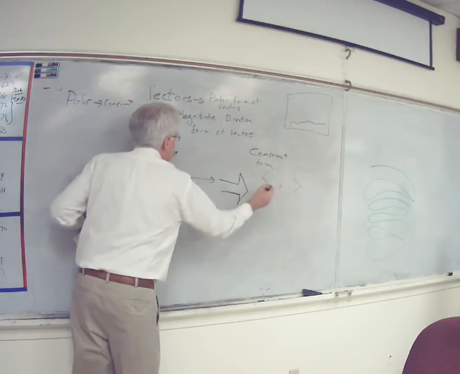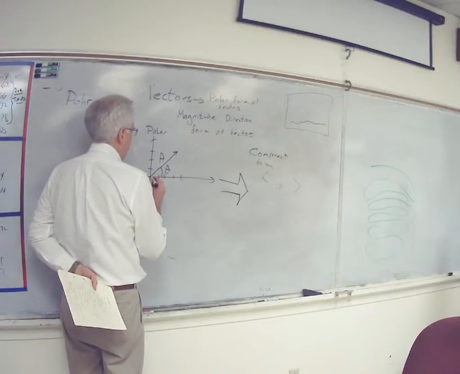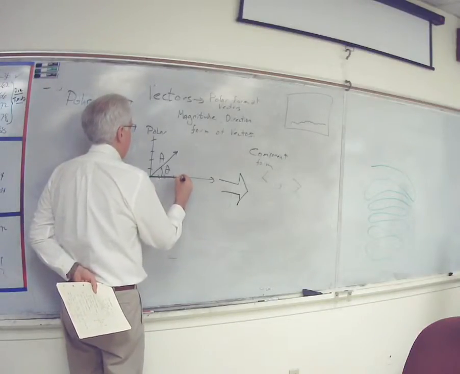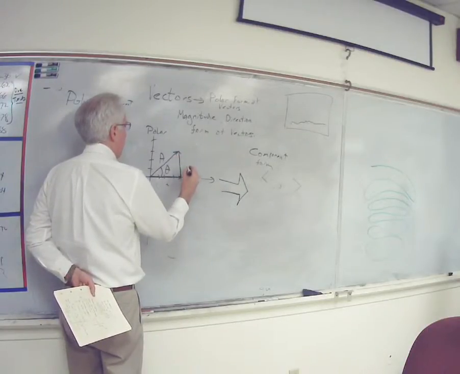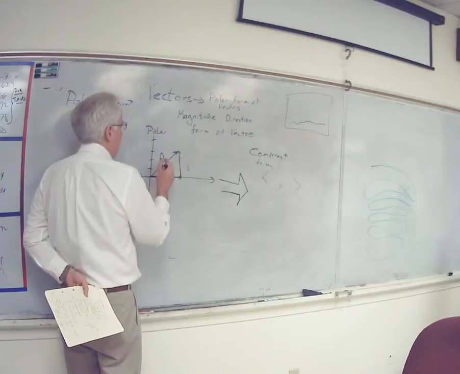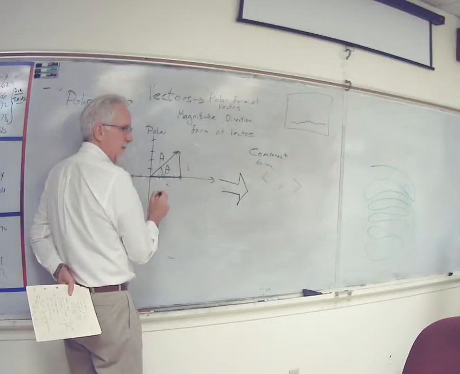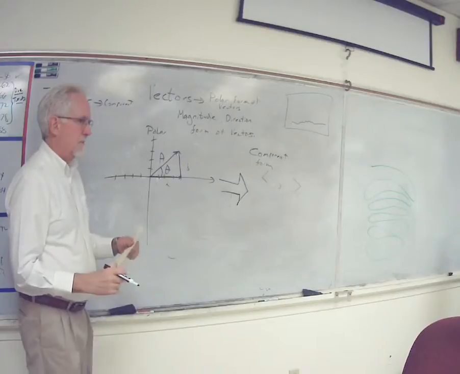I want that first number, the I part. You would make a triangle, so I would have the I part and the J part. Do I know the I part right off the bat? No, but can I figure it out? What would the I part be?